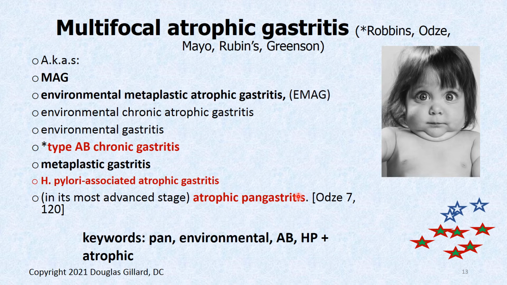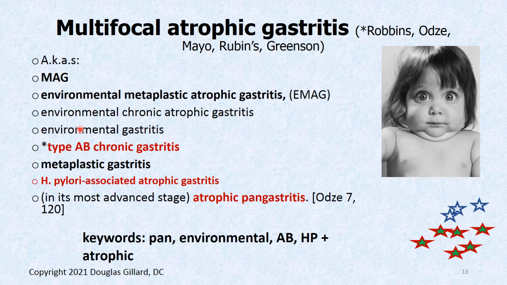Let's move on to multifocal atrophic gastritis and get into that one. Another AKA mess, maybe not quite as bad as some of the other categories, but environmental metaplastic atrophic gastritis. Environmental is sometimes a word used by older texts like Robbins, but we know more about it now.